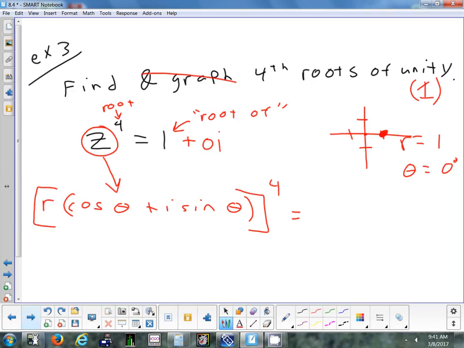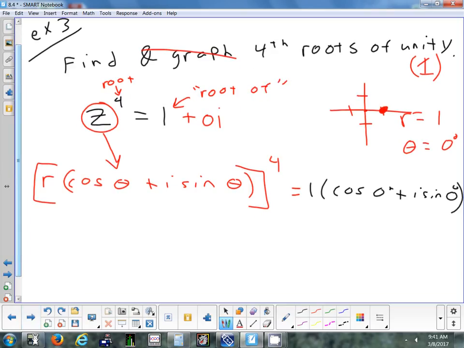So that's what goes on the other side. So the number 1 in trig form, or 1 plus 0i, is r cosine theta, let's fill in 0, plus i sine 0. Any questions on how I wrote the number 1 in trig form?